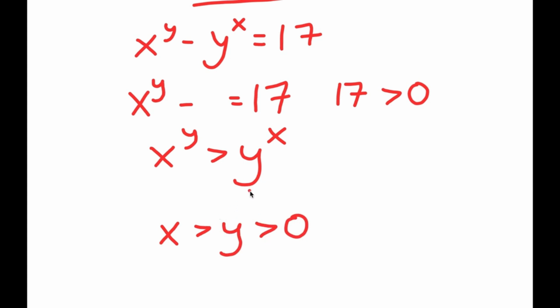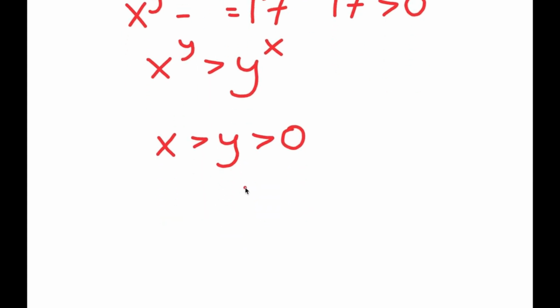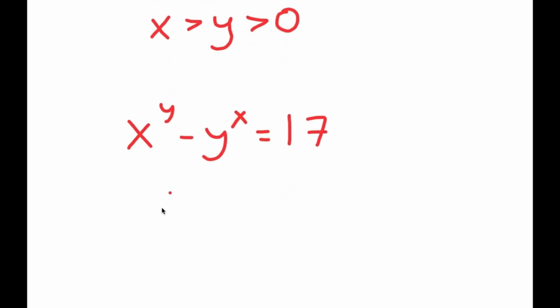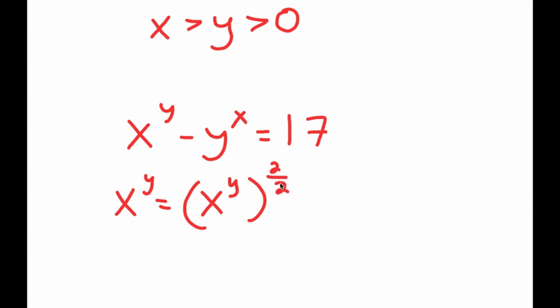So now that we know this, I'm going to rewrite my equation here, x to the power of y minus y to the power of x is equal to 17. And x to the power of y, I can rewrite this as x to the power of y to the power of 2 over 2, because 2 over 2 is the same thing as 1, and x to the power of y to the power of 1 is the same thing as x to the power of y.